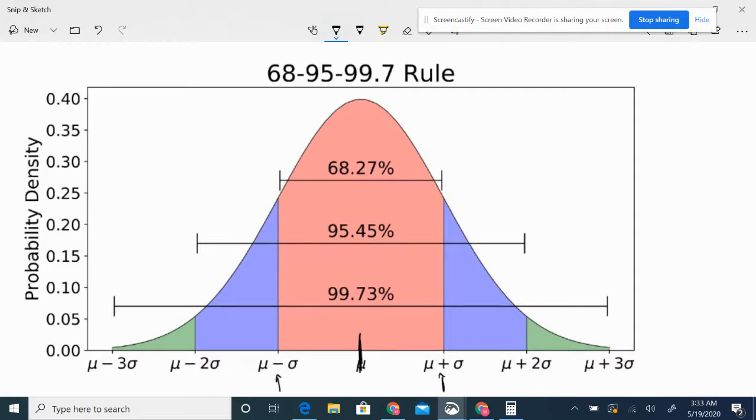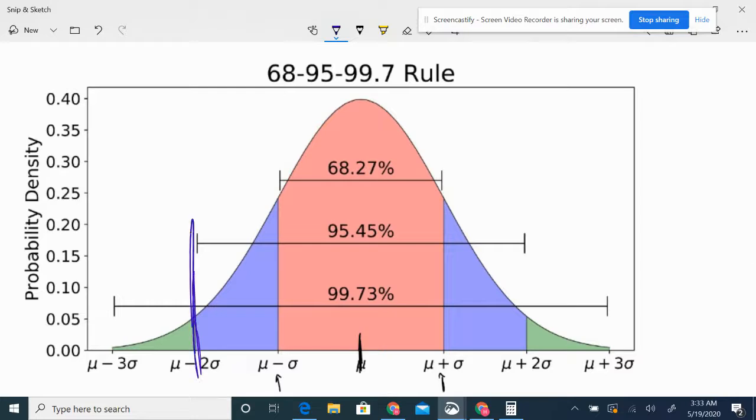Between that pink area, I have 68.27, so about 68% of all my data. Most of my data will be within the pink area. It's just mu plus sigma and mu minus sigma, which is the average plus 1 standard deviation and the average minus 1 standard deviation.